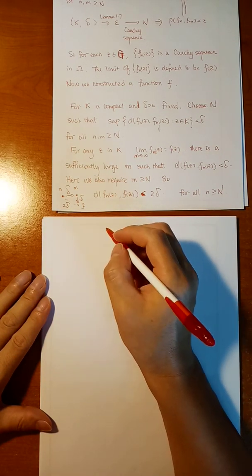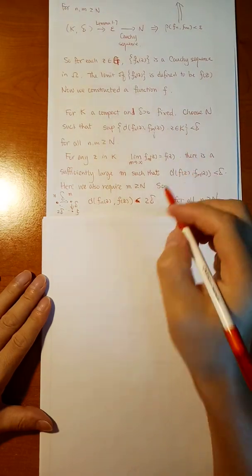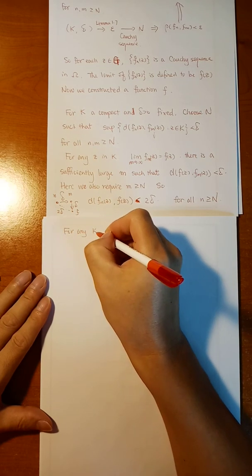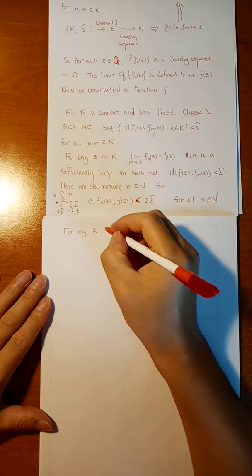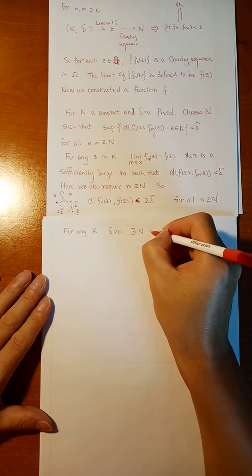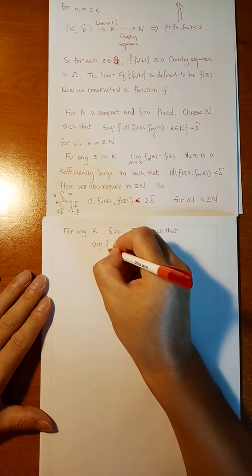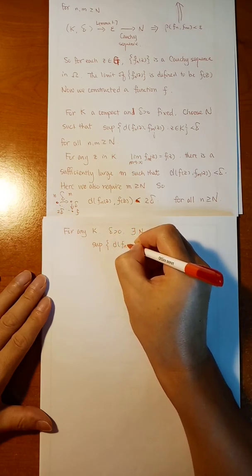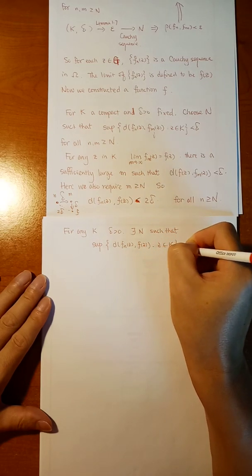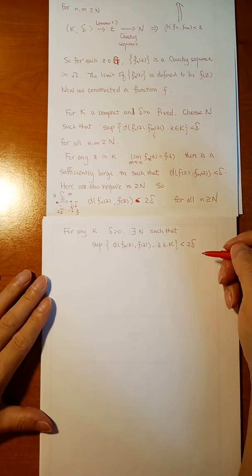Okay, so what do we get? We get for any K, K is fixed, delta greater than 0, there exists N such that the supremum of the distance between Fn of z and f of z, z in K, is less than 2 delta, less than or less than or equal to, it doesn't matter.